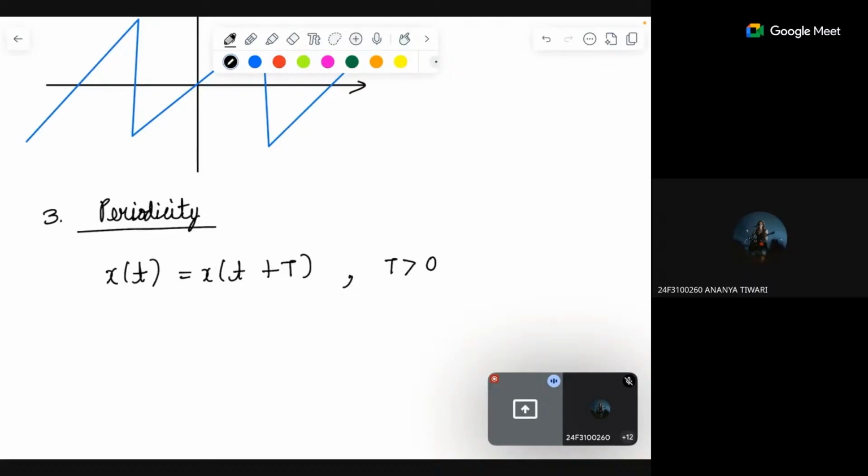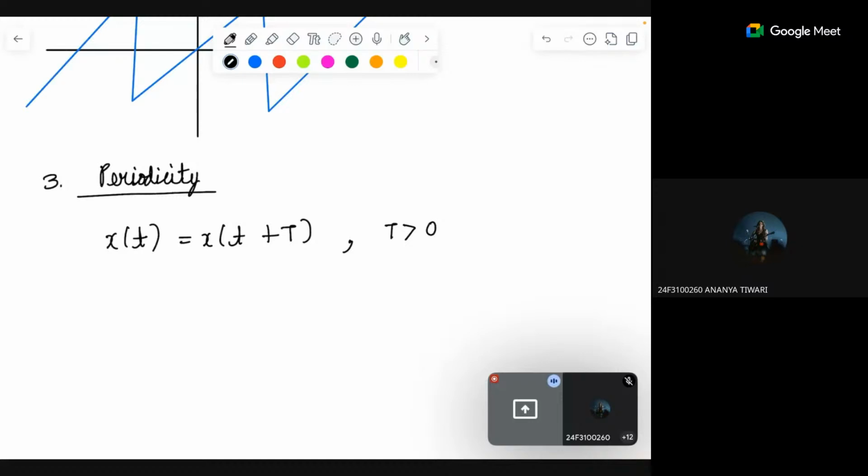Also, if my signal is repeating after a certain interval, it has to lie between minus infinity to infinity. Only then it will be periodic. Otherwise, if it stops at some point and we go back and add the period, then we will not get back the same signal.